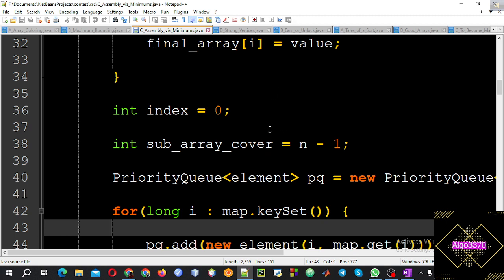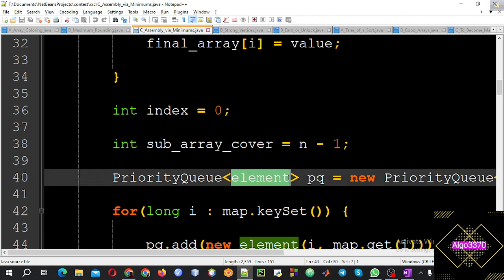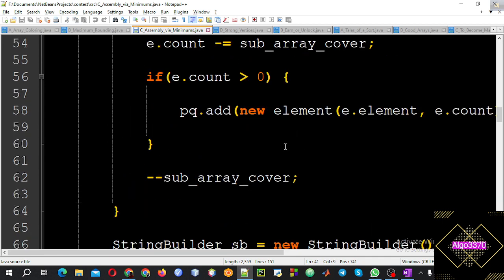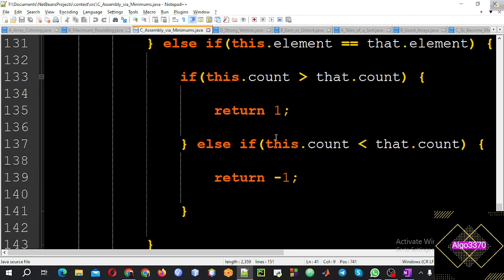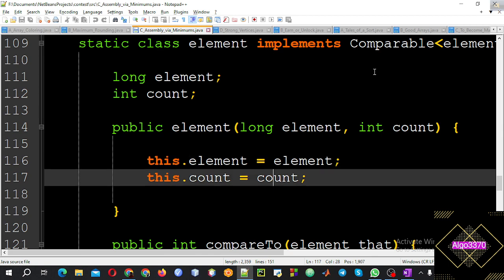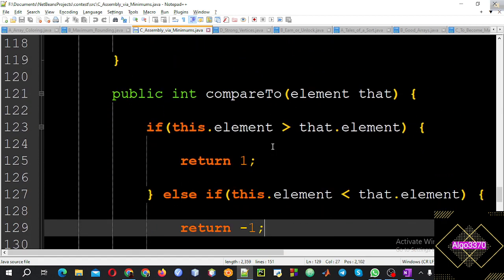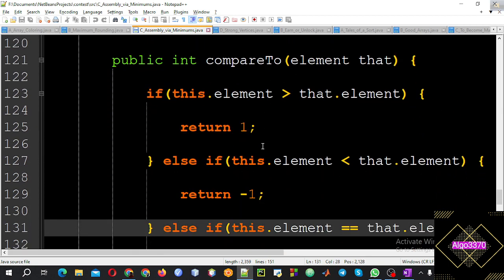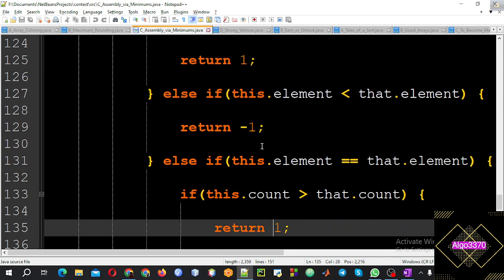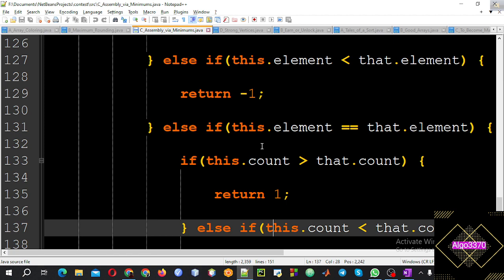This priority queue stores the value of the element and its count. Here is our element class, and with the help of the comparable method we will order by the element value first. If both elements are equal, then we will compare by the count of that number.